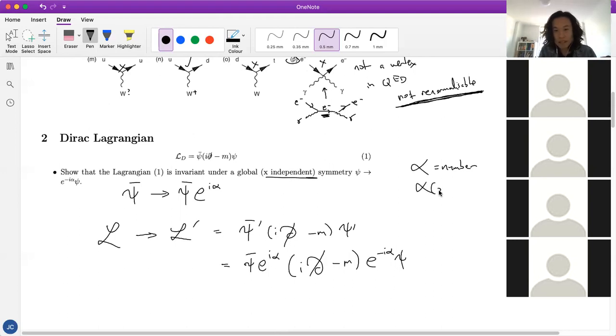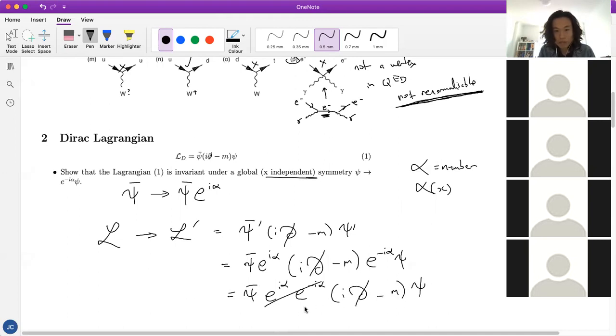If it's a function of position, then this will be a local symmetry. If it's a global symmetry, that's good, because then this derivative wouldn't act on this exponential, since there's no spatial dependence in it. So I can take this exponential to the left-hand side of this derivative without any issues. So I can rearrange this: e to the i alpha, e to the minus i alpha, i d slash minus m psi.